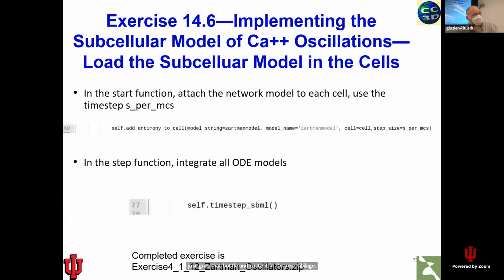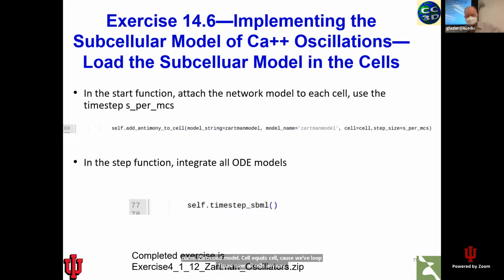Okay. And now in the start function, when we loop over those cells, we have to load that model into each cell. So we'll do self.add_antimony_to_cell, model string Zartmann model, which is what we called it, model name Zartmann model, cell equals cell, because we're looping over all cells anyway.